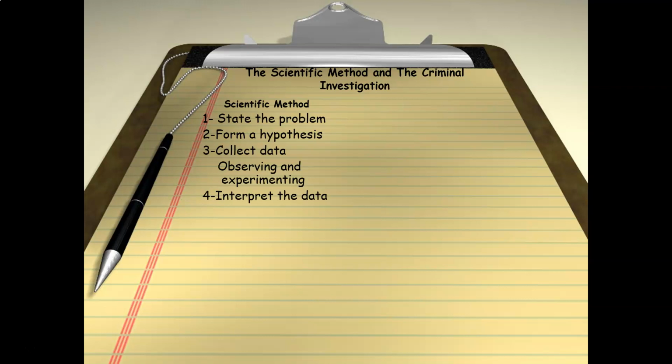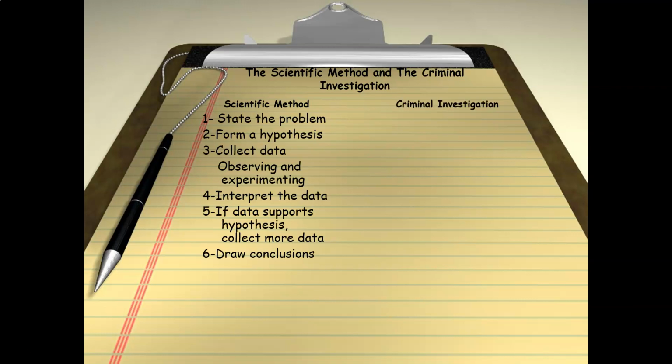Then you interpret the data. And then if the data supports a hypothesis, you collect more data. You draw conclusions. And then you might repeat the cycle until you have all the evidence that really, in forensic science, points to a person, can support your argument that that person really did the job. They're the one who did it.